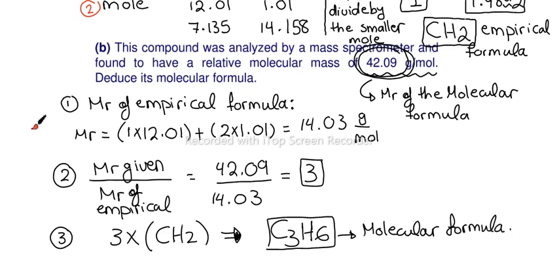If you calculate the molar mass of this compound, it should be equal to 42.09. If you obtain this number, this is an indication that your final answer is 100% correct.